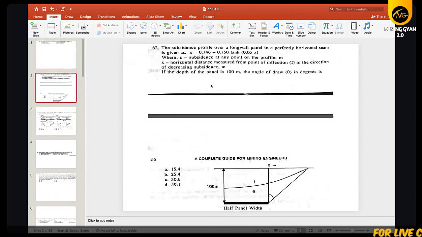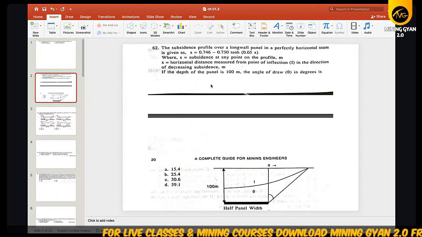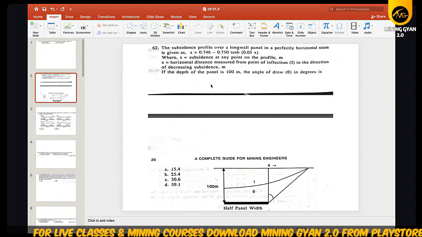Okay, so he has given us the subsidence profile over a long wall panel, the seam is perfectly horizontal, given as 0.746 minus 0.750 tanh 0.05x.